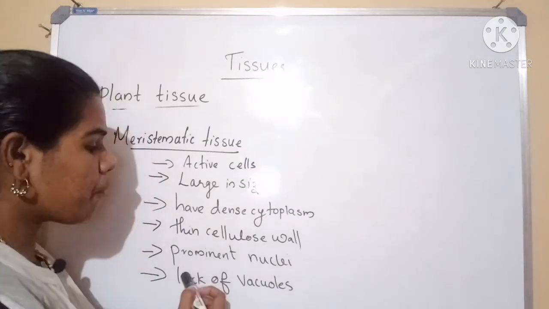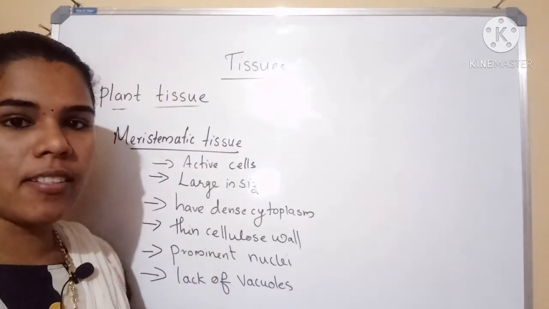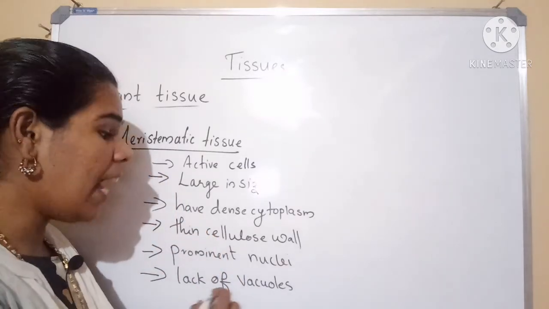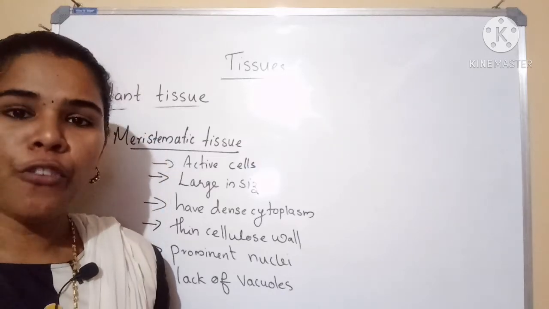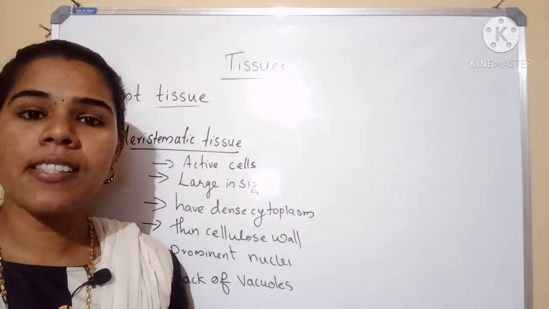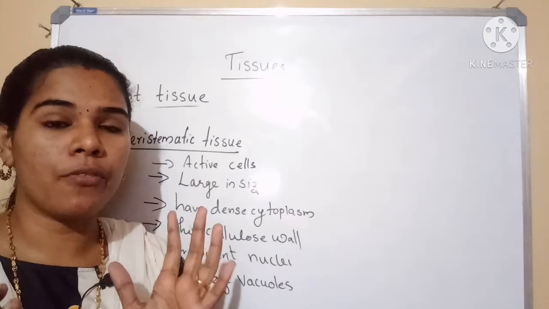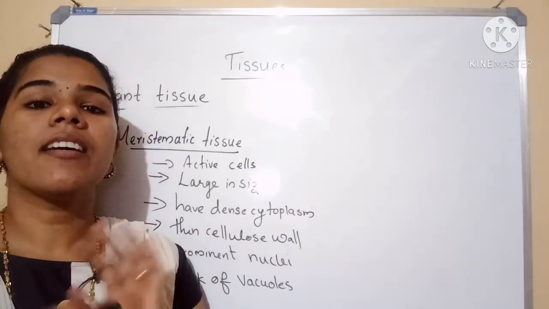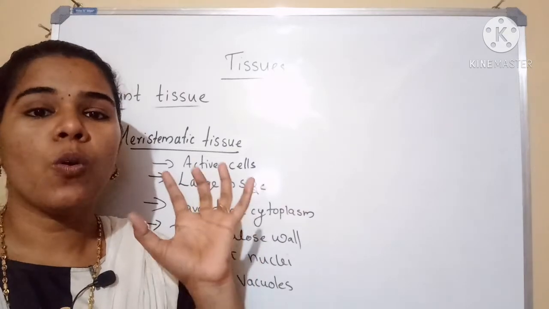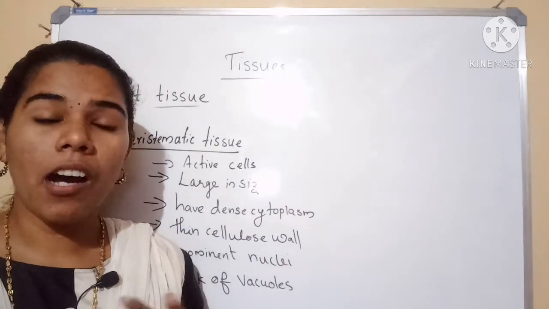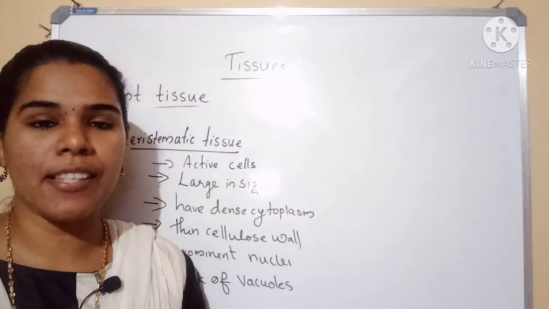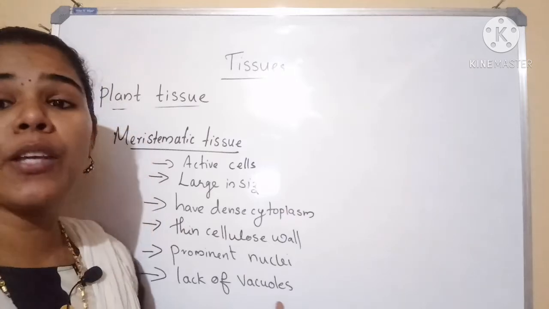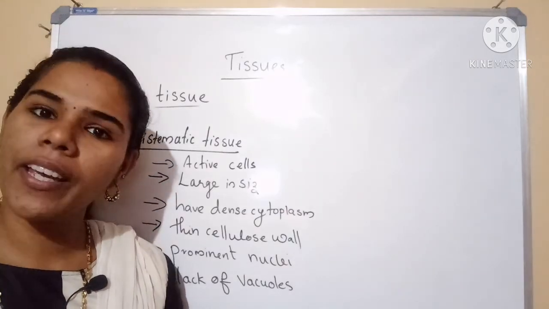Prominent nuclei are present, and vacuoles are lacking. We know that 50 to 90% of a plant cell is occupied by a very large vacuole, but in meristematic tissue the vacuoles are absent. Why?